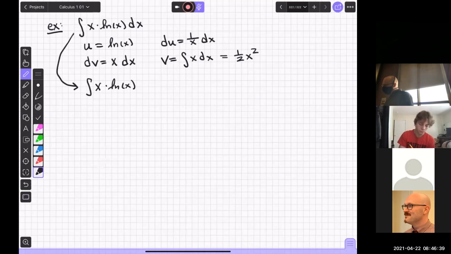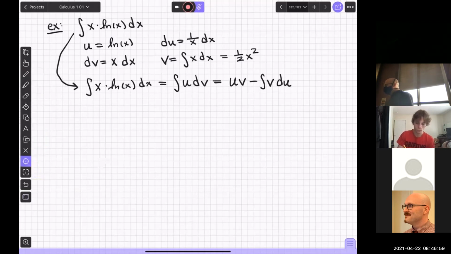The integral of ln of x dx is equal to u dv, which is uv minus the integral of v du. Now, there is also a mnemonic for remembering what this right-hand side is.